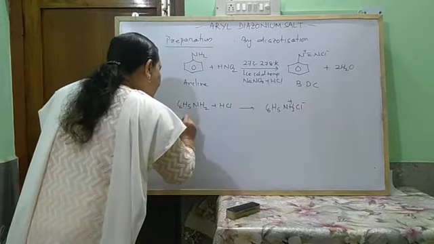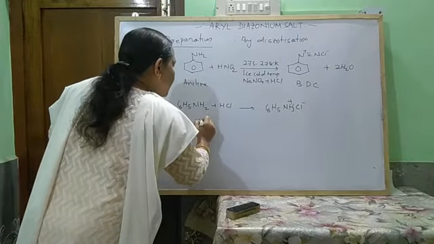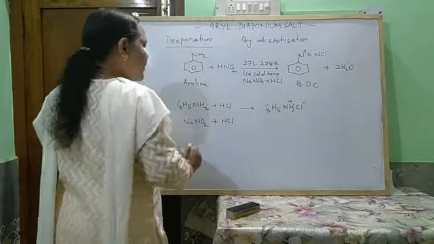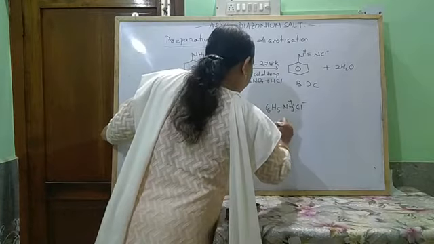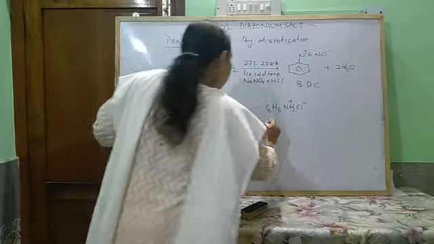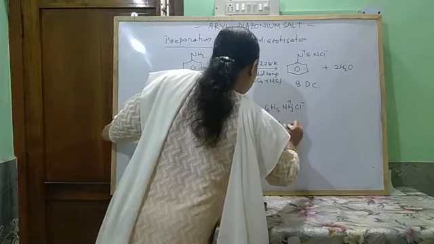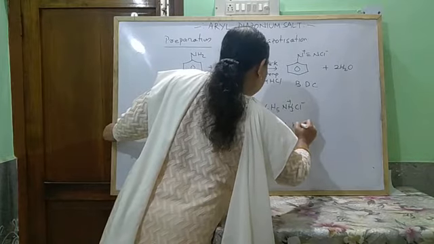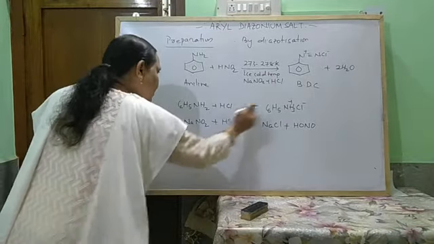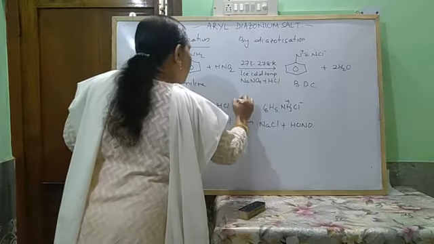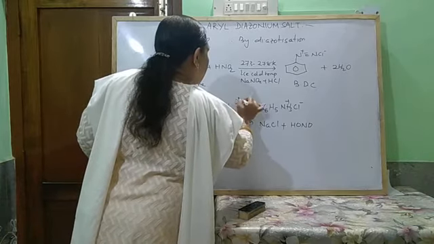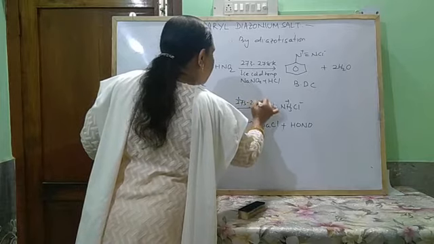And again sodium nitrite reacts with HCl to form sodium chloride plus HONO, or nitrous acid, and this takes place at low temperature, 273 to 278 Kelvin.